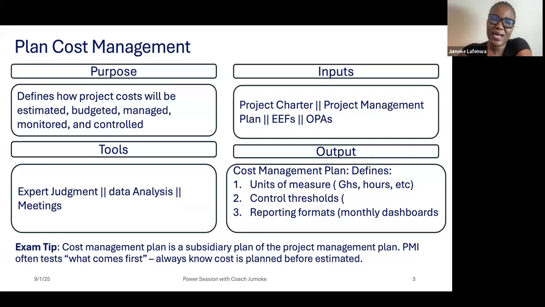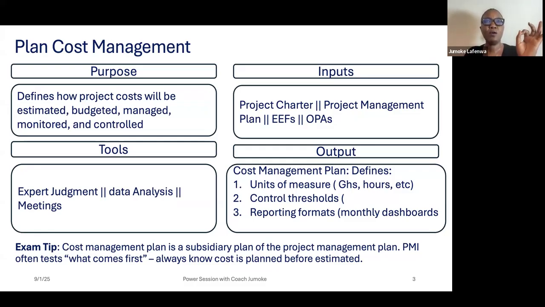And then an exam tip that you should not forget is that cost management plan is a subsidiary plan. As I said, it's like one of the kits of the project management plan. Sometimes they will write some management plans and ask you which one is odd. They may write cost management plan, risk management plan, resource management plan.